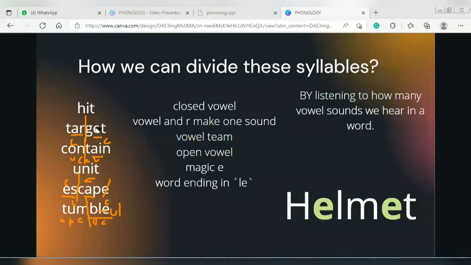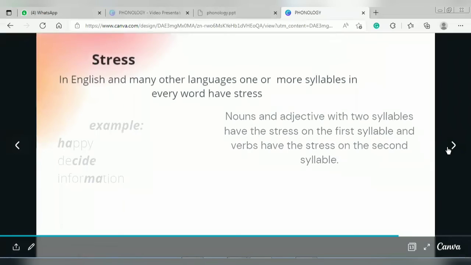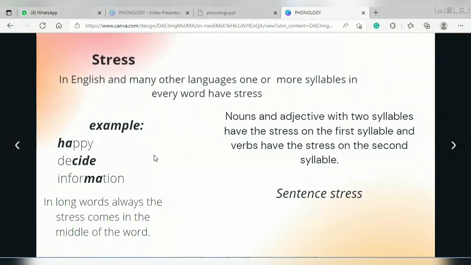So the next one, sorry, just a minute. The next one is stress. In English, as in many other languages, one or more syllables in every word have stress. For example, we have happy, decide, and information.